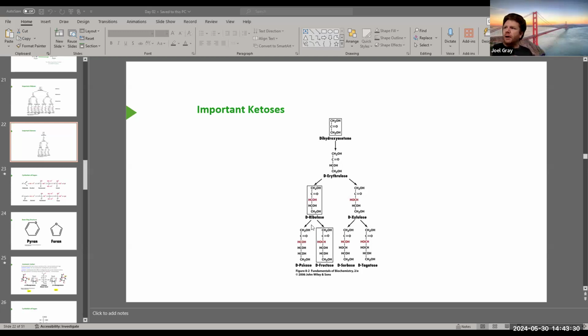Then if we jump down to these molecules right here, are these 2 molecules both sugars? They are. Dihydroxyacetone phosphate and glyceraldehyde 3-phosphate. One is an aldose, one is a ketose. If we continue looking through some of these other molecules, we have carboxylic acids as a functional group that you need to recognize.